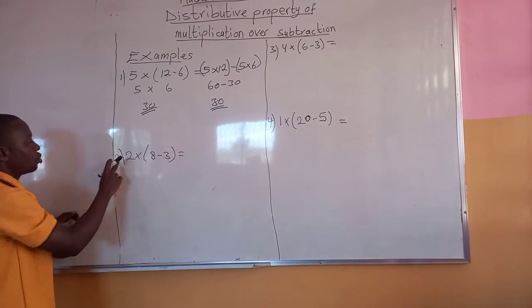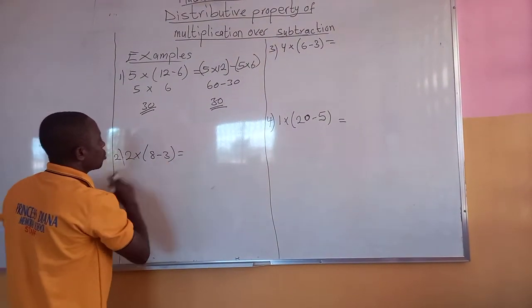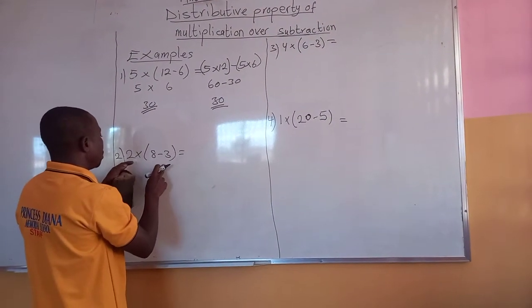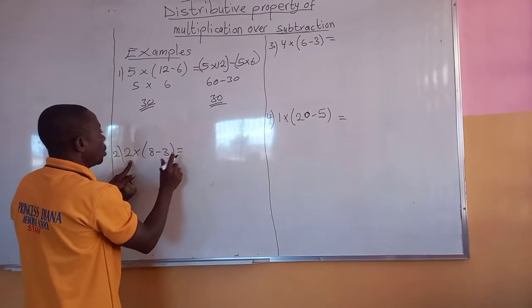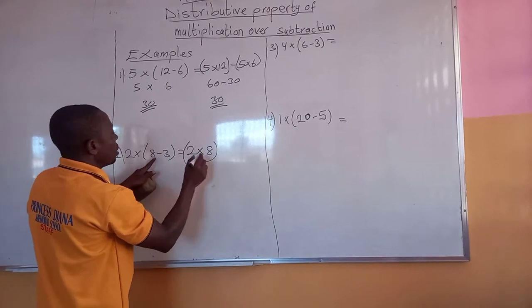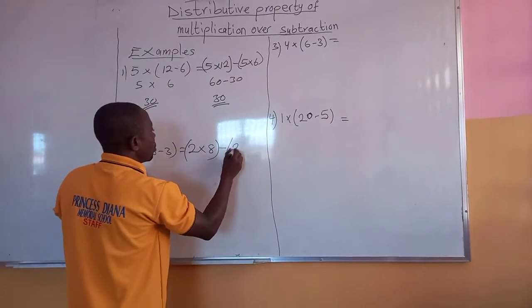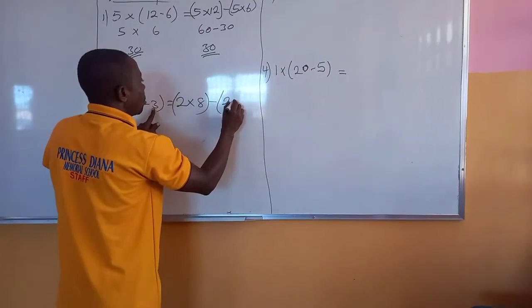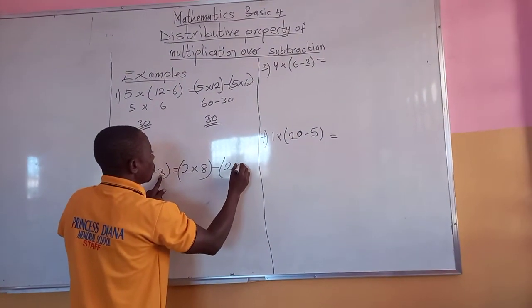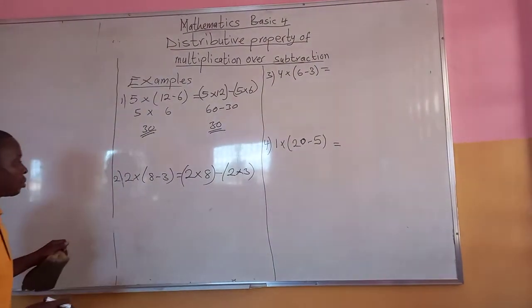That's our example 2. So let's try distributing the 2 to each. We have 2 times 8. Then the operation sign is minus. Then 2, we are sharing to everybody in the bracket, times 3.